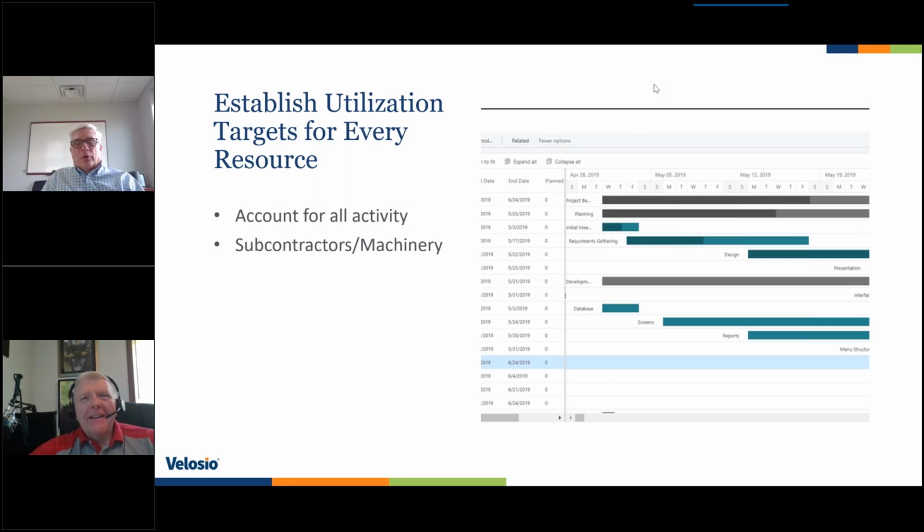Well, it is important because typically in a professional services organization, we're defining a project plan. And then that leads us down a path where we may have different types of resources to perform different portions of a project.